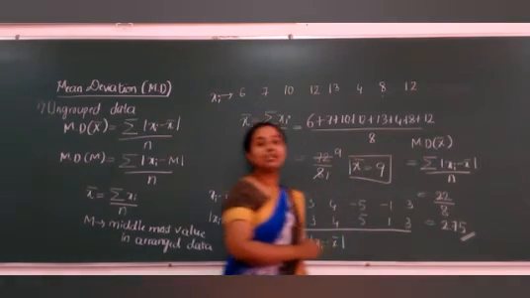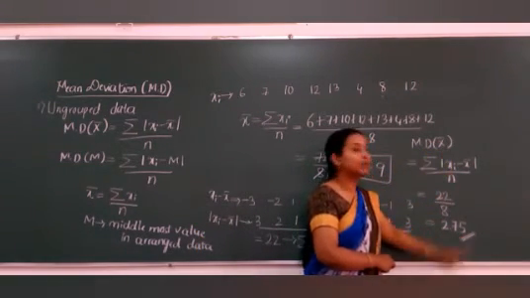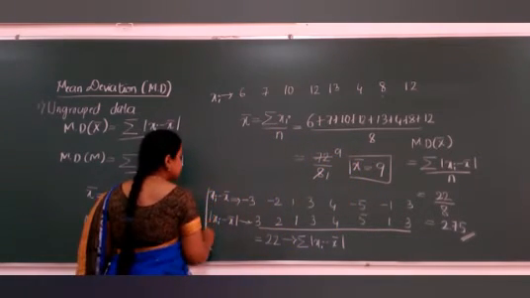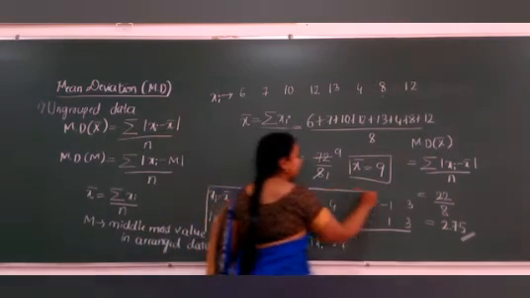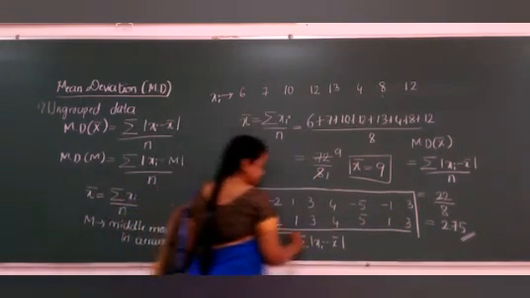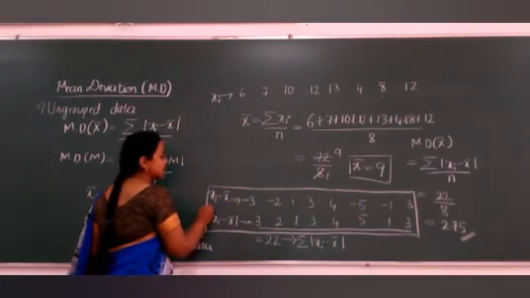So what is this 2.75? It is the mean deviation about mean, which is equal to 2.75. Okay, so now this is how you will be calculating the mean deviation about mean for an ungrouped data. So what will be your first step?